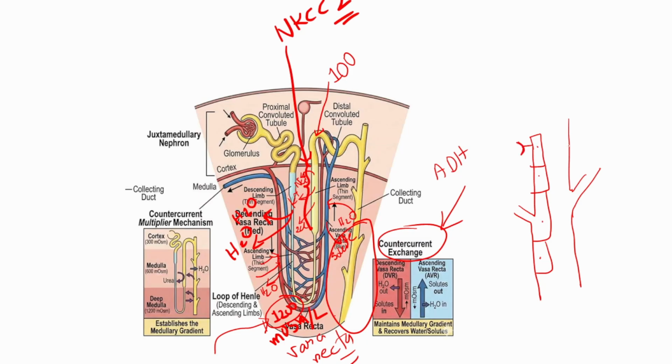When the body is severely dehydrated, high ADH levels spark an intracellular signaling cascade that forces vesicles to traffic and insert aquaporin 2 channels, or AQP2. Let's say one here. These are AQP2 channels, and they are in the apical membrane. You need to remember the inner medullary collecting duct is also highly permeable to urea via urea transporter A1 channels that we discussed. Because of this, urea exits the lumen alongside water.